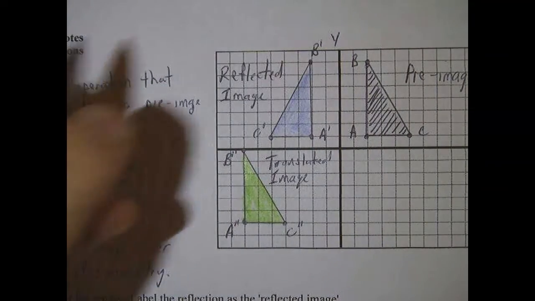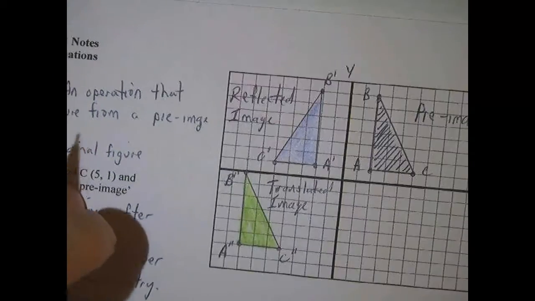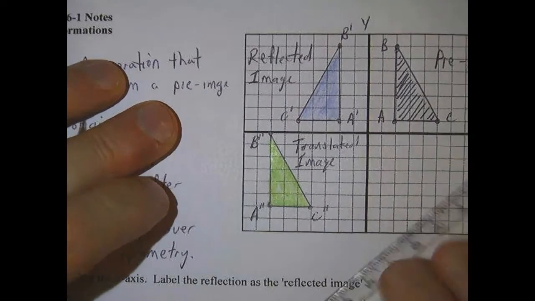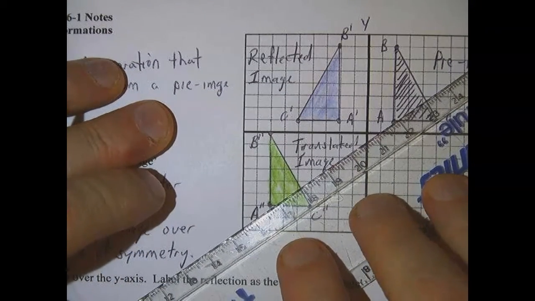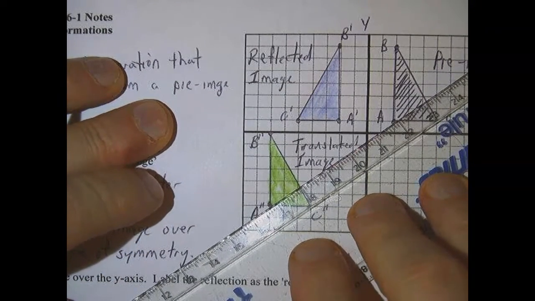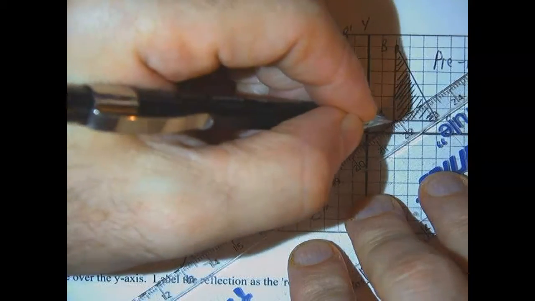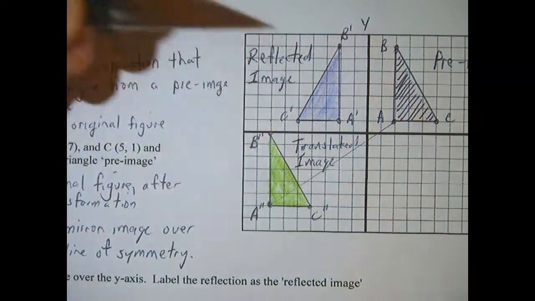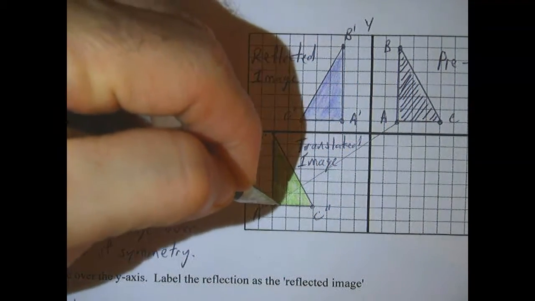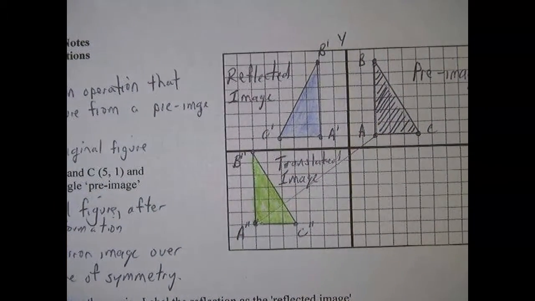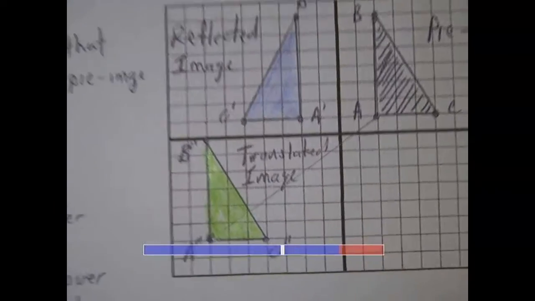Now I'm going to show you something kind of cool. I'm going to get a pencil and my ruler, and I'm going to draw a line from A to A prime. I could draw one from B to B prime or C to C prime. I'm just picking this one because it's out of the way of the other transformations. Now I'm going to put a little arrow there, and that line that I drew is not really a line.